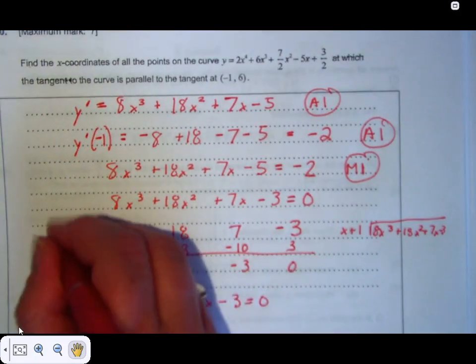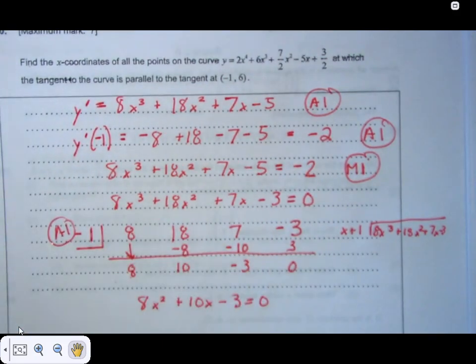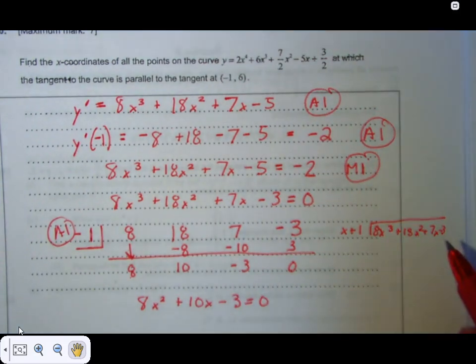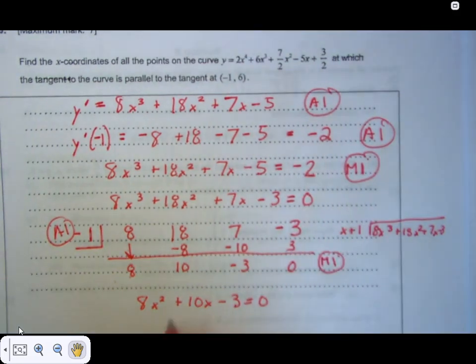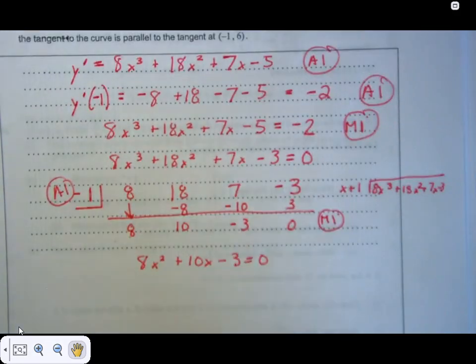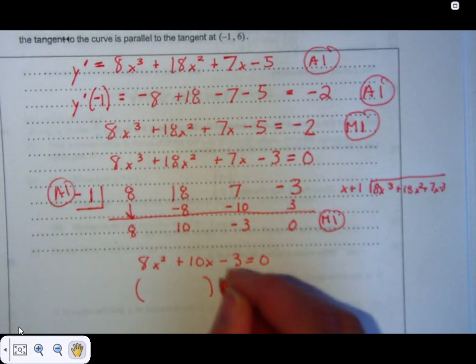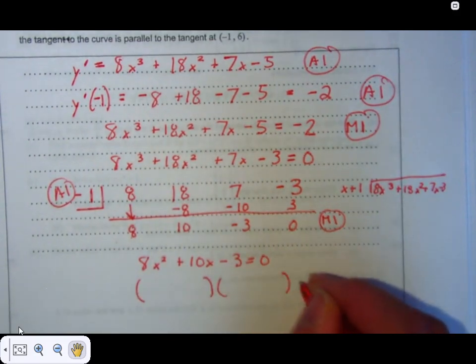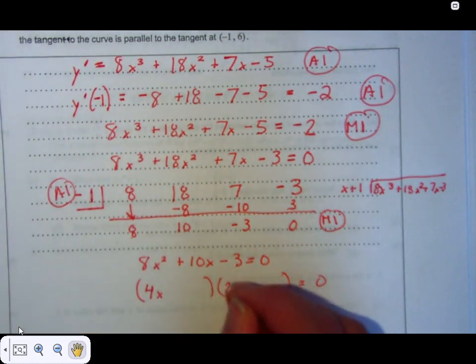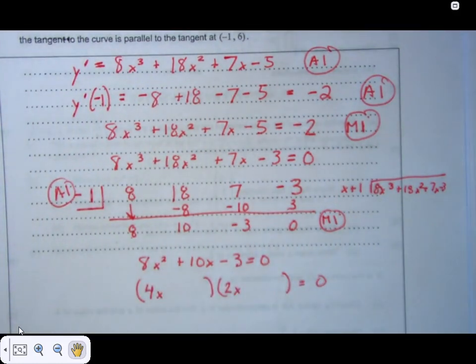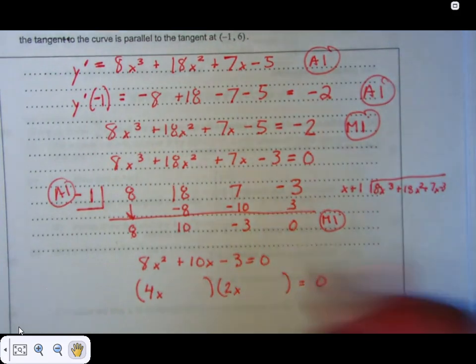By the way, you got a mark for realizing that x plus 1 was a factor so that it would reduce down. And then a mark for knowing to go ahead and divide by it. And then as soon as we figure this out, which it'll factor, we'll get a method point and an answer point. Well, you could use the quadratic formula. It would work. But this one factors.